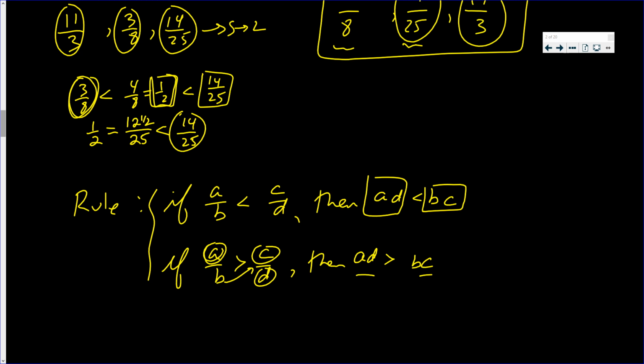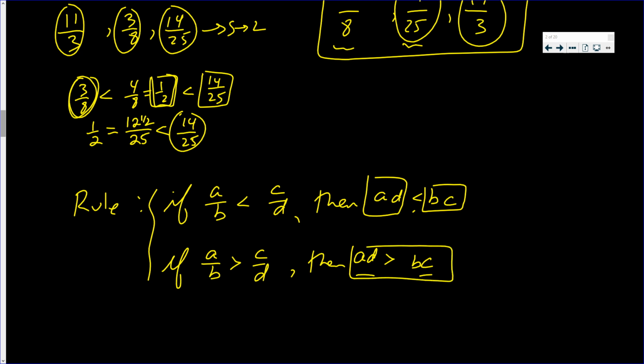Just notice that the signs changed. Let me write this down again without any writing on it. If one fraction is greater than the other fraction, then this must be true.